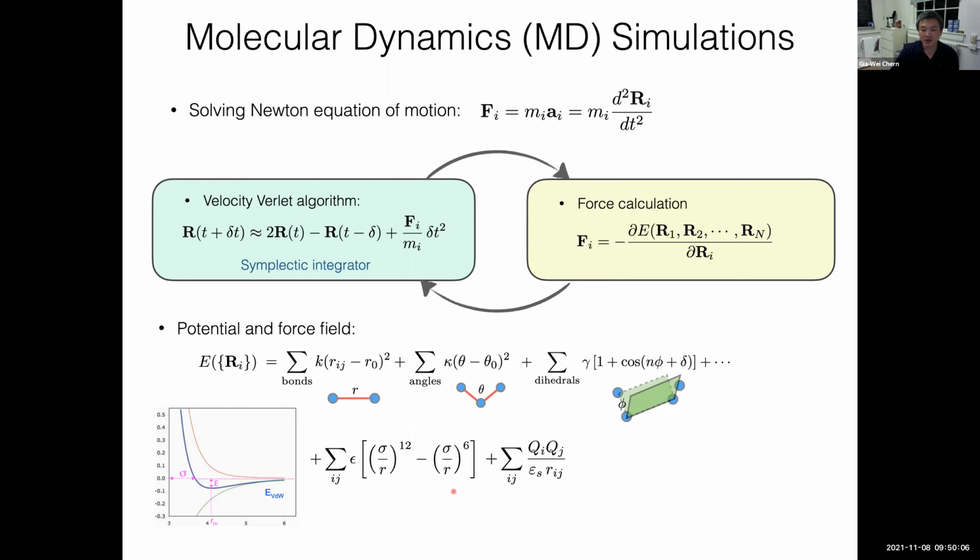You can also include the Lennard-Jones potential or electrostatic interaction. So similar to an explicit spin Hamiltonian, here you have an explicit energy potential. The calculation of this derivative is straightforward and can be done very efficiently. So that's why classical MD simulations can be done for very large systems.